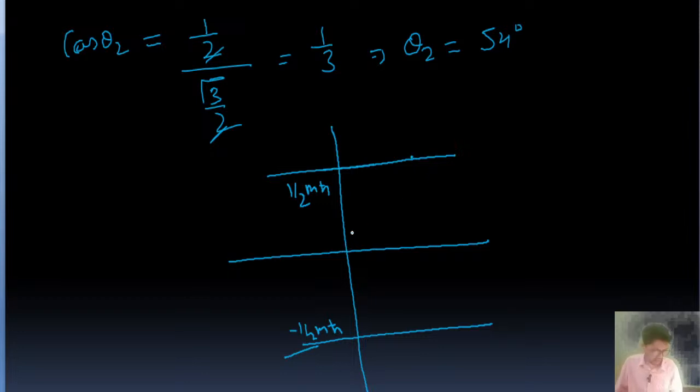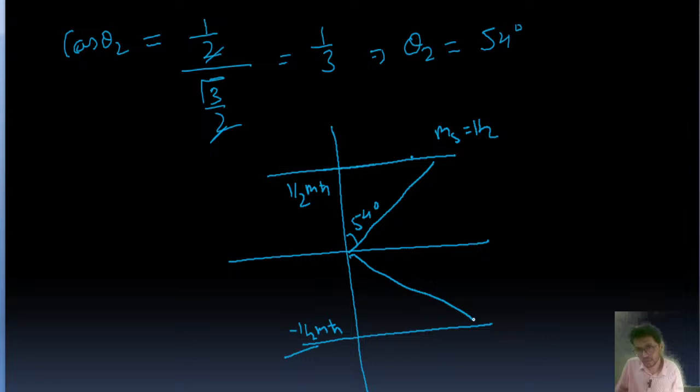So the first angle, that is theta 2, 54 angle is like this, 54 angle for ms equal to half, and now this another one is 125 angle, for ms equal to minus half.